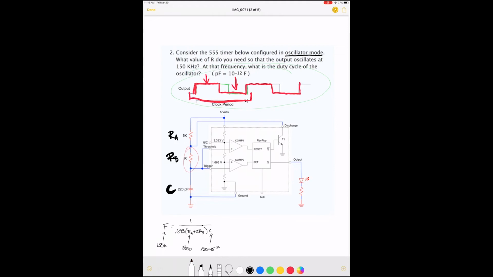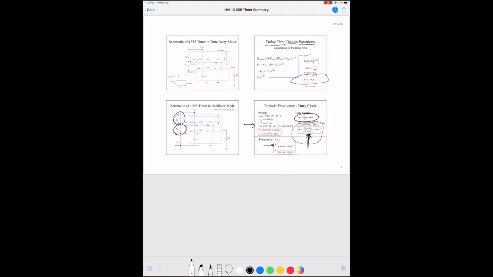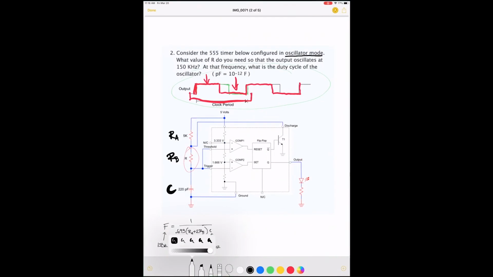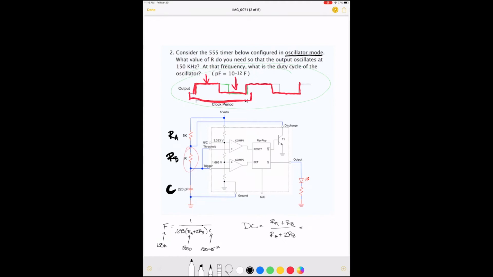And so we'll go back to here and grab this equation and bring it over to our notes. Let me write that down for us. So we have duty cycle is equal to RA plus RB divided by RA plus 2RB, and then we multiply by 100% to turn it into a percentage.